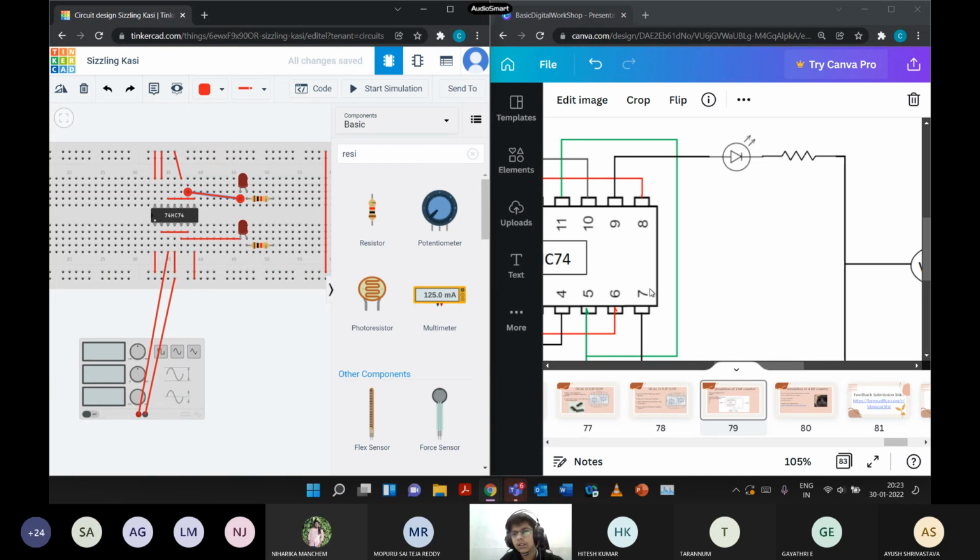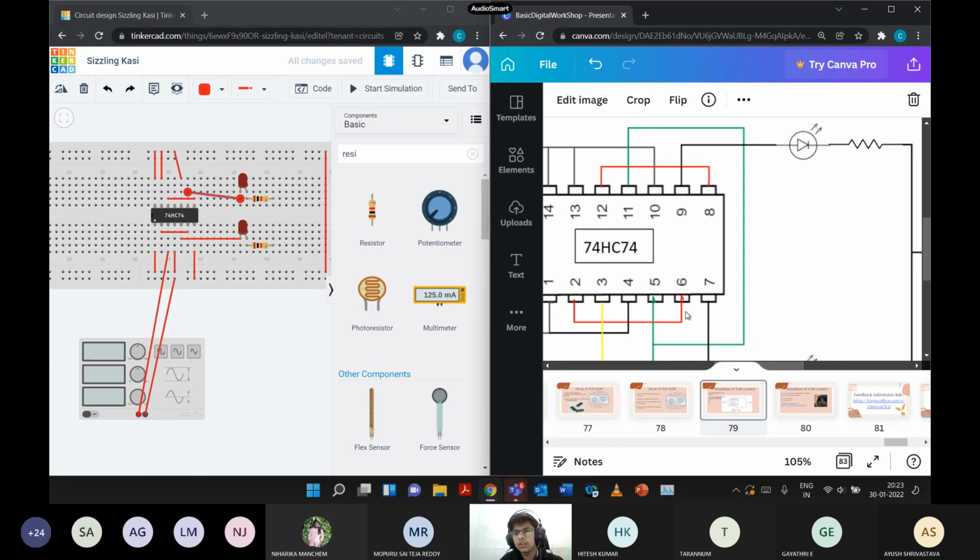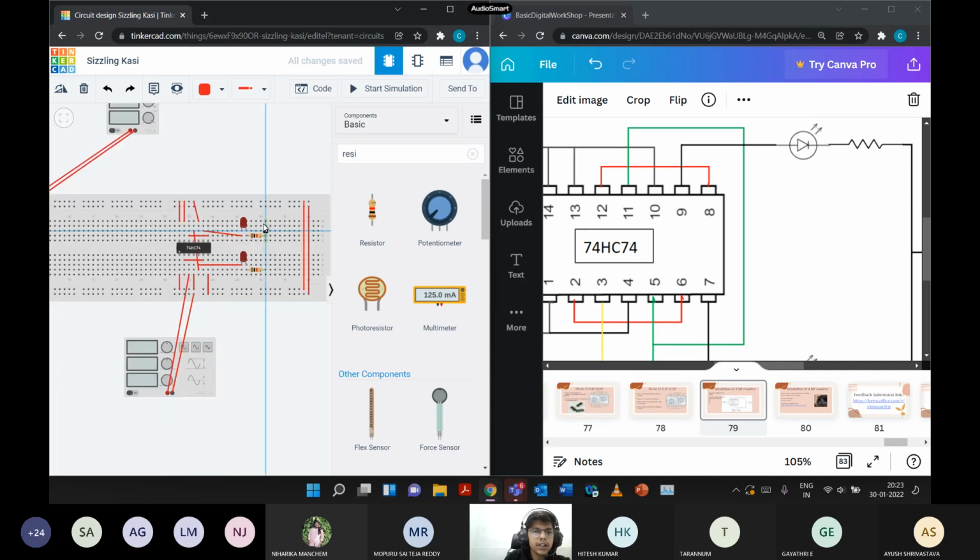Okay. The 5th and 9th are also connected. Now 5th and 11th. And this goes to the higher voltage. This one also goes to the high voltage.